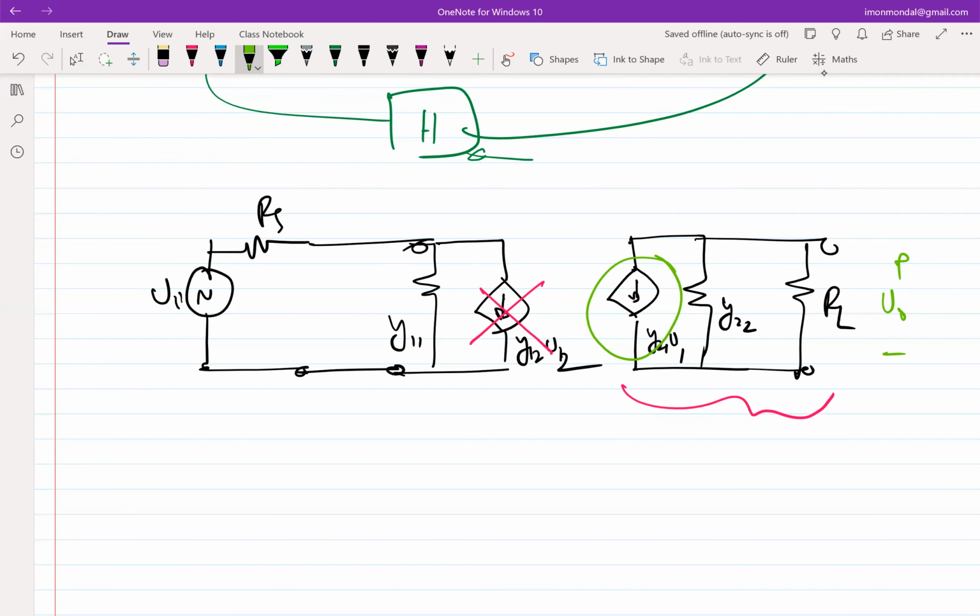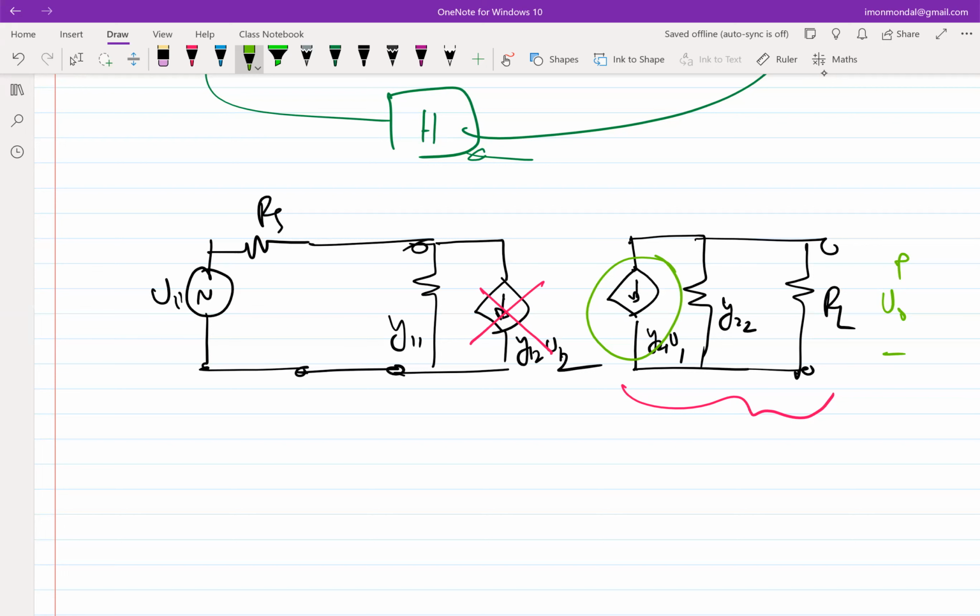Right. The other way of thinking of this is that you have a parallel combination of RL and Y22. So with a lower resistance, current flowing into a lower resistance, you are getting a lower voltage, right? So in order to maximize V naught, only by looking at the output side, it's beneficial to set Y22 equal to 0. Or if you think in terms of resistance, if this is R22 or R naught, the R naught should be infinity, right?